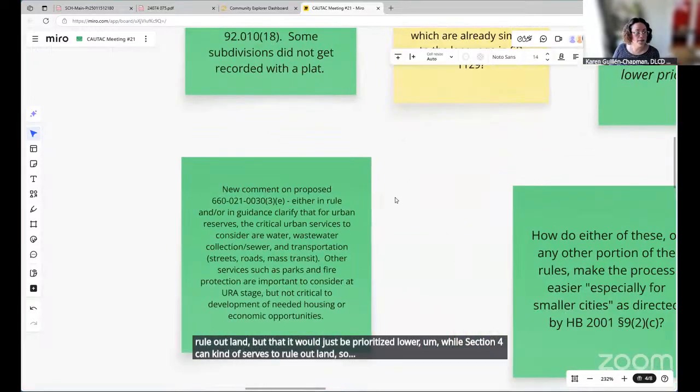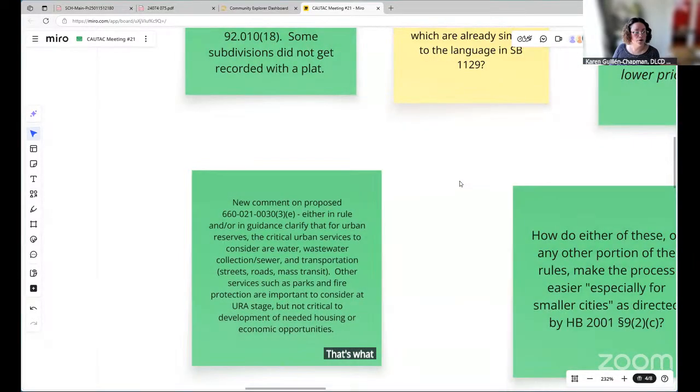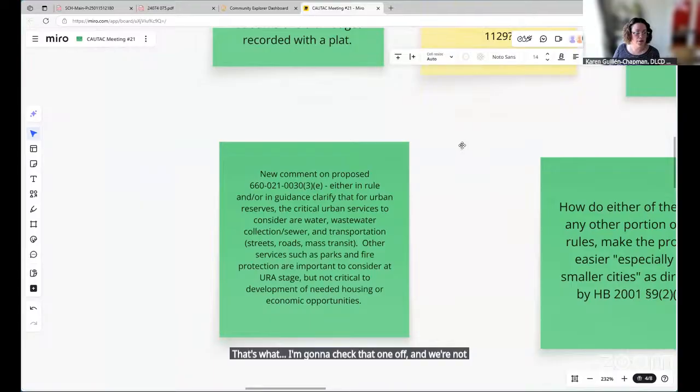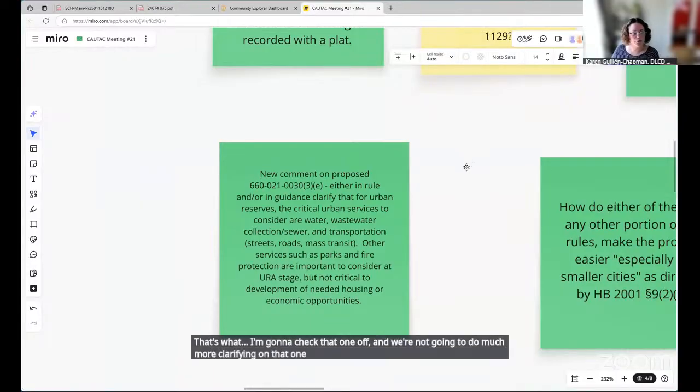So I'm going to check that one off, and we're not going to do much more clarifying on that one, but we'll come back with a written response to several of these.